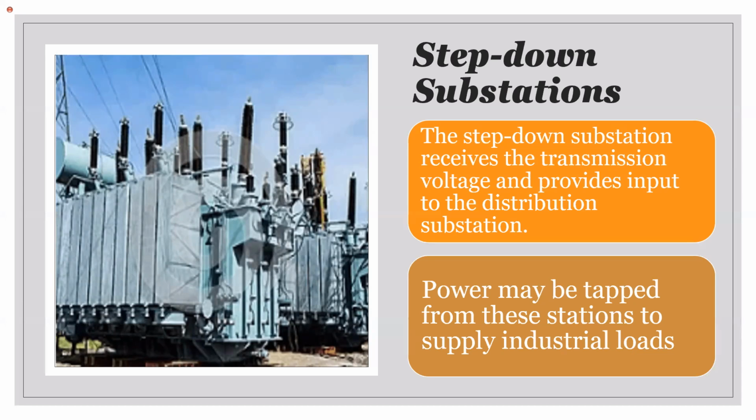So we take in 69 kV and bring it down to 24, and the 24 is what is on the streets. But the 138 is what we transmit across country.